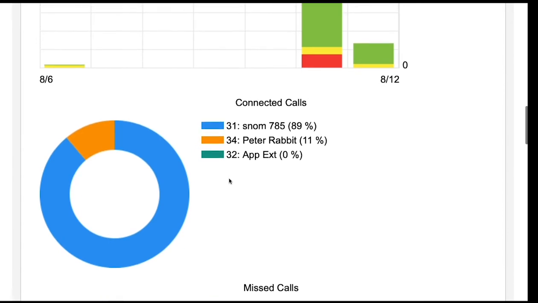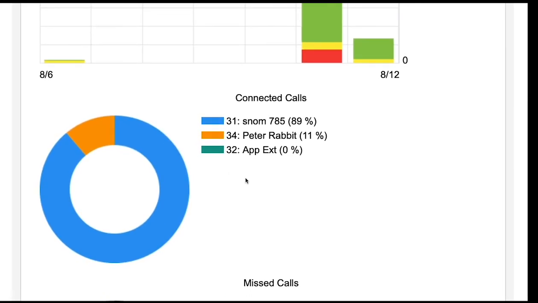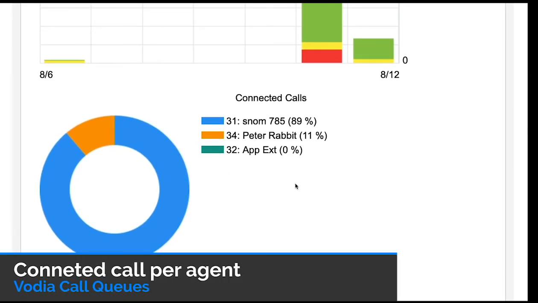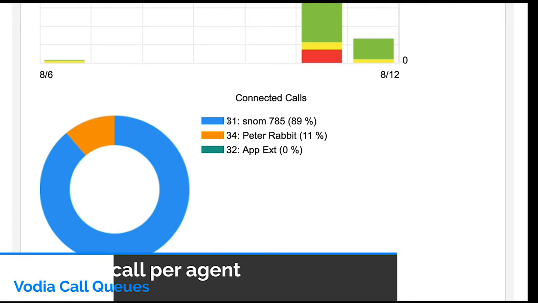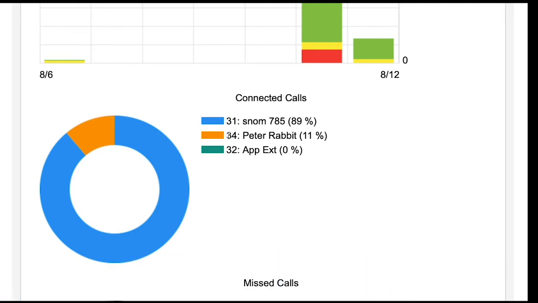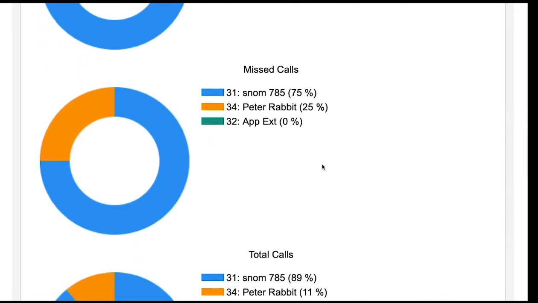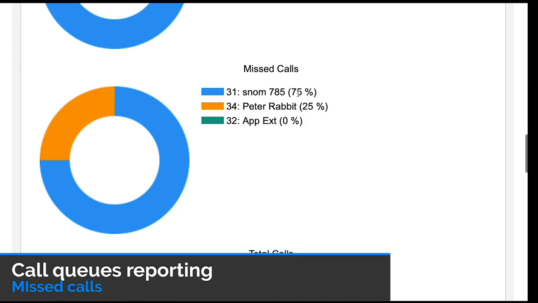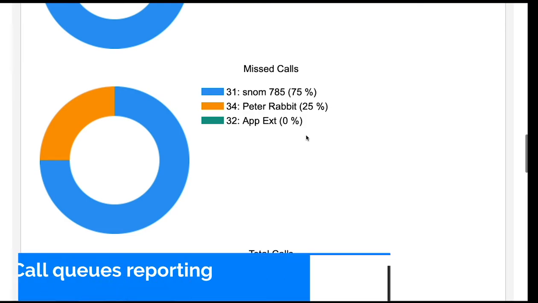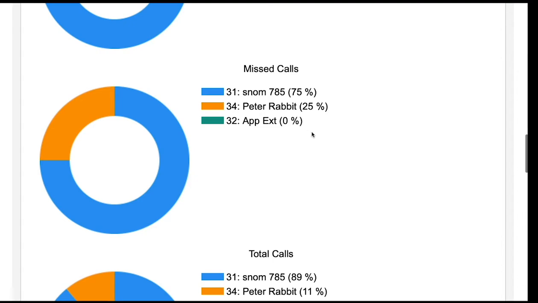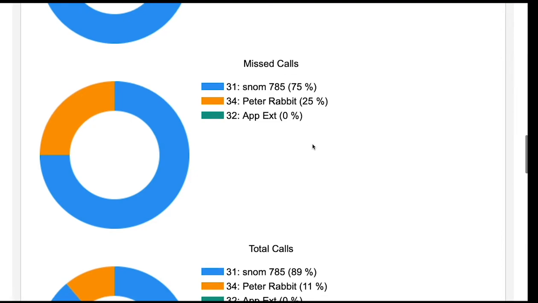The following charts are per agent, so you can see how many of the connected calls were done by agent number 31, the first agent, the 34, and there's a third agent on that ACD who didn't take any calls. You can see how the missed calls were distributed amongst the agents. For example, this one had 75% of the missed calls, and Peter Rabbit was responsible for 25% of the calls.